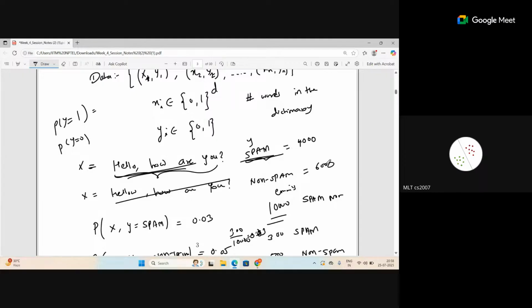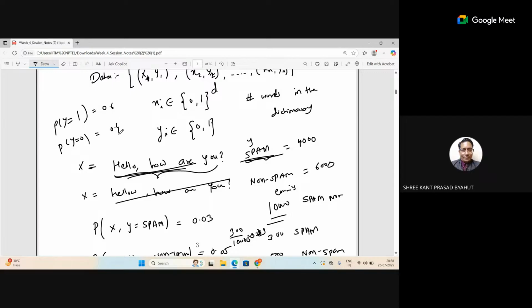So the number of spam and non-spam emails should be 4,000 and 6,000, that is 4 by 10 plus 6 by 10. So the probability of y equal to 1, which is non-spam, will be 0.6 and the other will be 0.4.